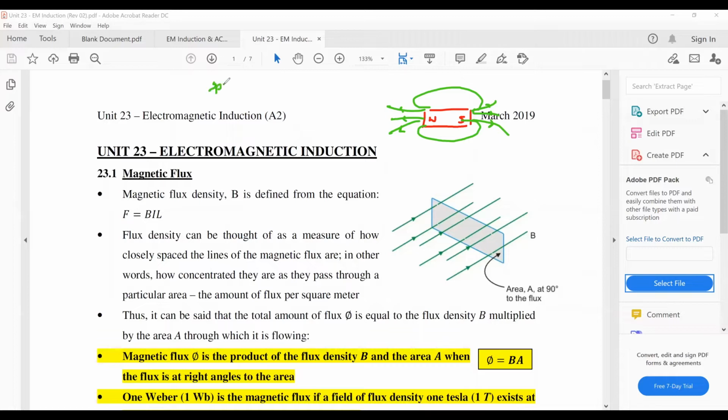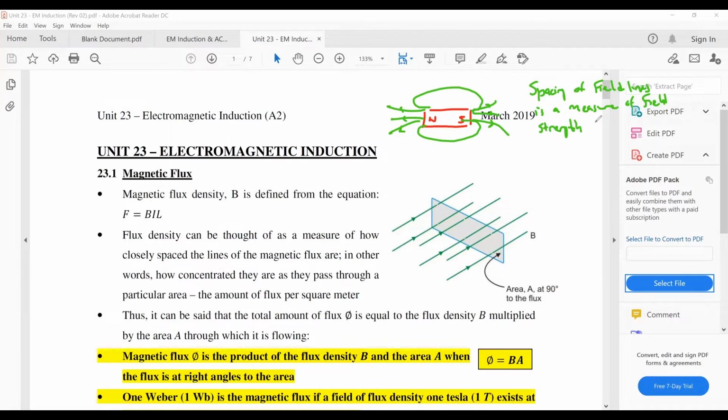Then after that, it was also mentioned to you that when you're talking about field lines, the spacing of field lines is a measure of field strength.